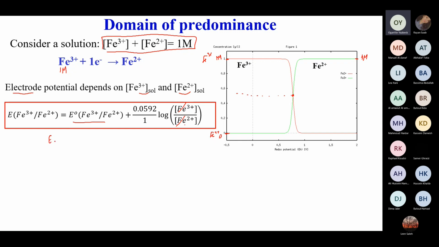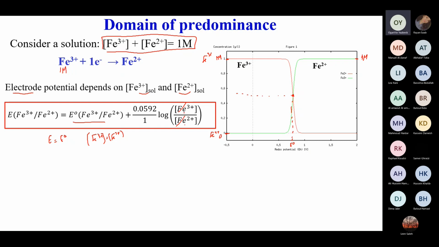So E equals E naught when the Fe3+ concentration equals the Fe2+ concentration.